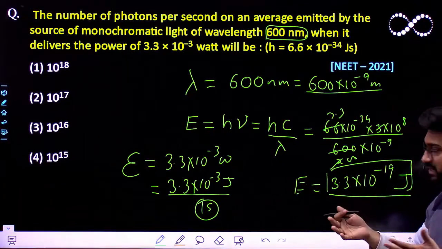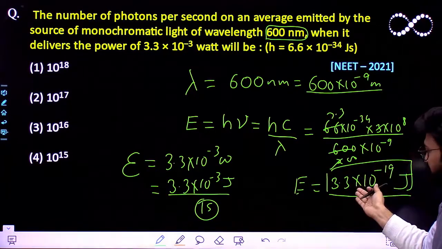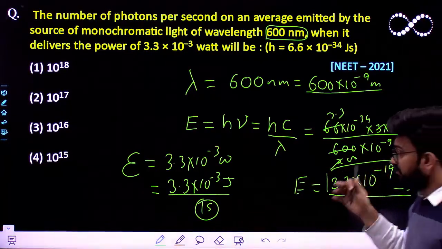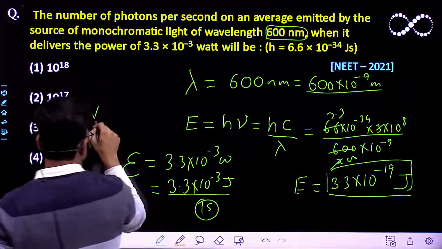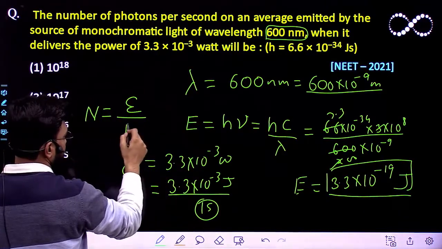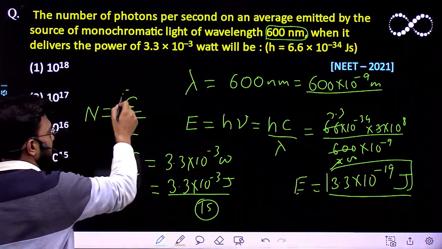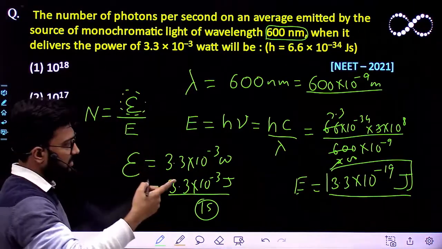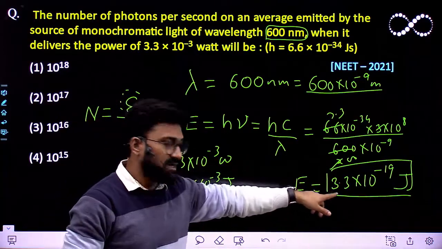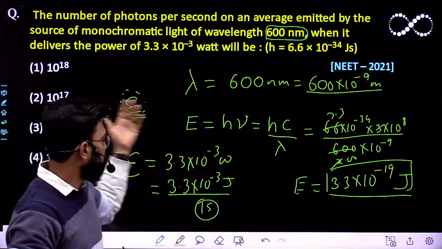So how many such photons would there be, that you need to find out. The number of photons must be equal to E divided by this energy, where E is the energy delivered per second and the energy of a single photon is this much. So you can easily find out the number of photons emitted.